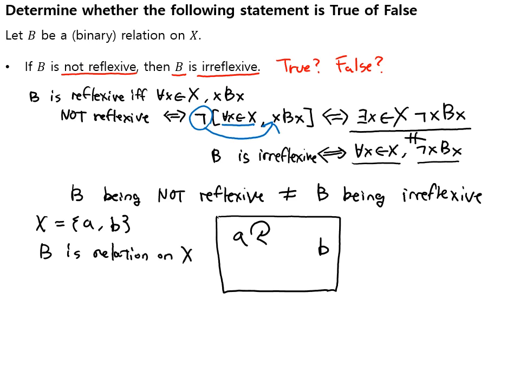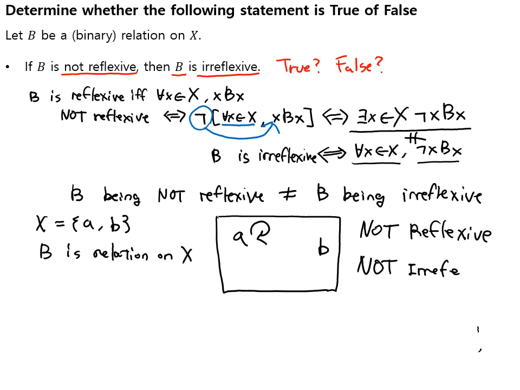So in this picture, we can see that it is not reflexive. And the reason why it is not reflexive is that although A is related to itself, there exists an element that is not related to itself, namely B. We can also see that it is not irreflexive.